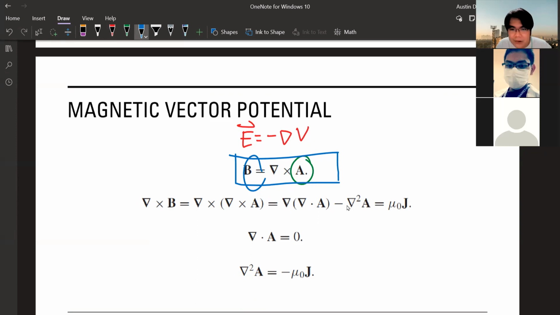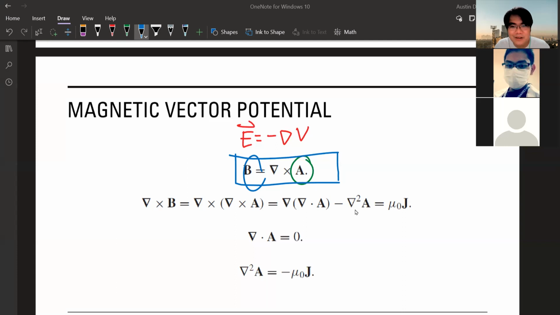All right. Now, we have the freedom to choose which we want to zero out. Apparently, mas madali i-survive to second term. Diba? Kasi Laplacian to. And na-solve na natin yung Laplace equation last time. Diba?